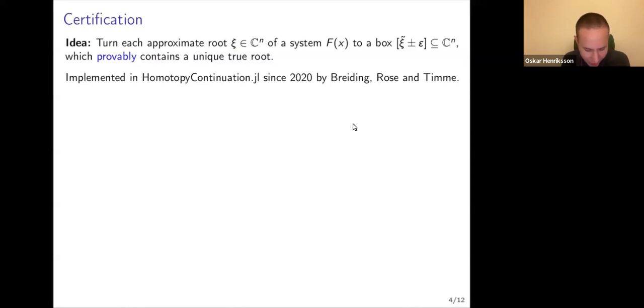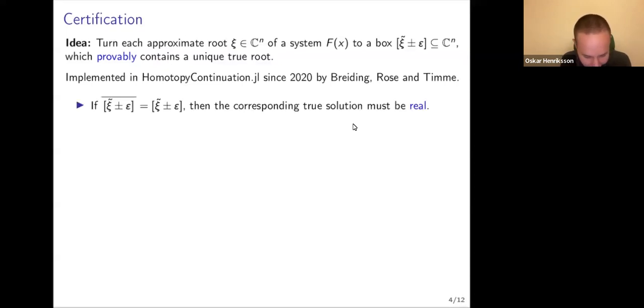And how can you use this to actually say something about realness and so on? Well, if we think about this for a while, imagine that we have one of these boxes, and you have something that looks like a real solution.